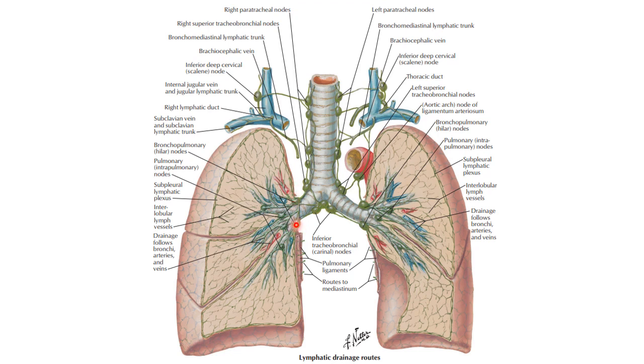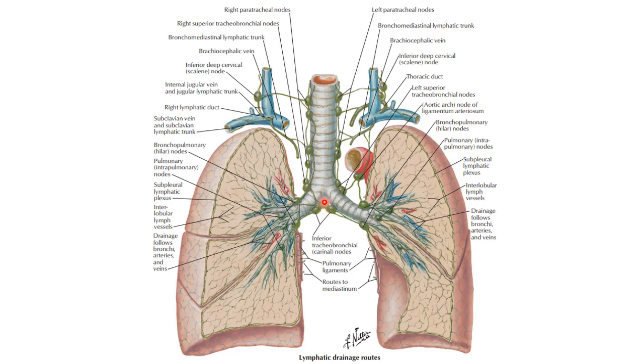And then from there, they will drain into the tracheobronchial nodes. So your tracheobronchial nodes are situated where the trachea divides into two bronchi. So you have an inferior tracheobronchial node and a superior tracheobronchial node.